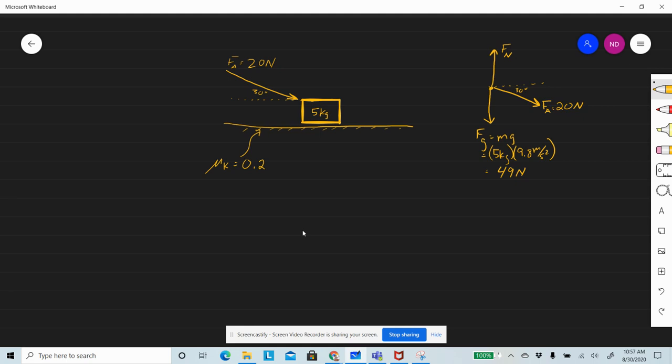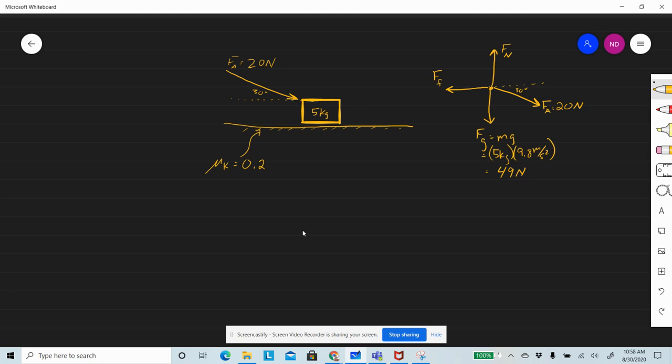Since there is friction here, and friction always opposes motion, friction goes that way. There's your free body diagram, 4 arrows: gravity, the normal force, the frictional force, and the applied force, which is at an angle.